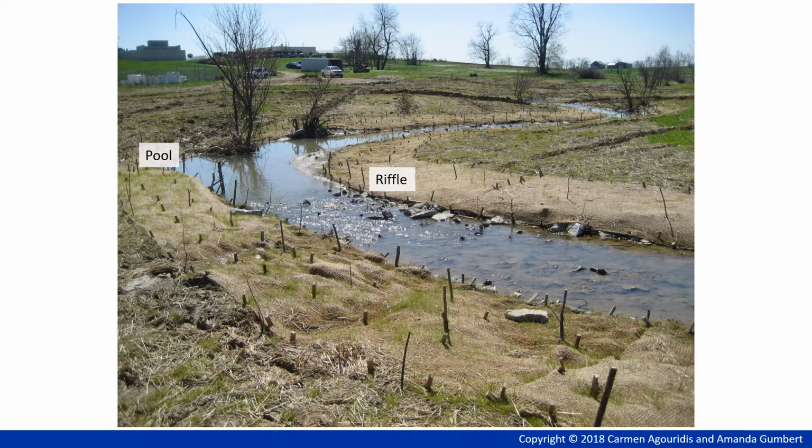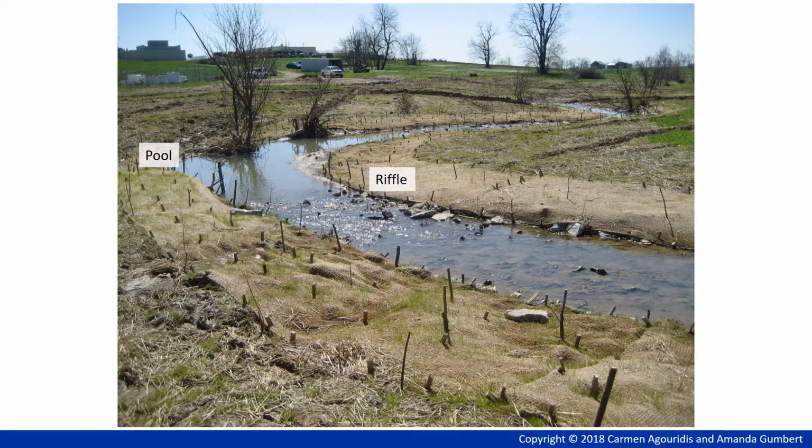On the other hand, pool cross-sections are generally non-uniform, with one side, the outside of the meander bend, deeper than the other or inside of the meander bend. Hence, the average channel velocity is greater along the outer bend and lesser along the inner bend. As expected from our shear stress equation, erosion along the outer bend occurs while deposition occurs along the inner bend or the point bar area.